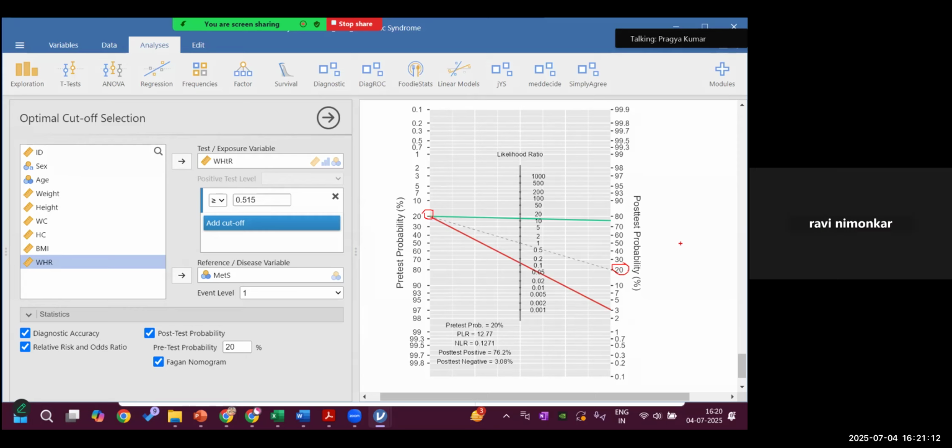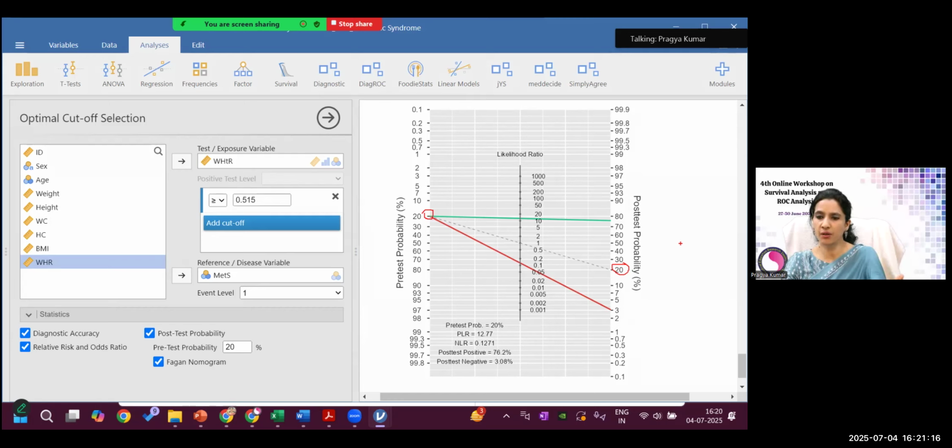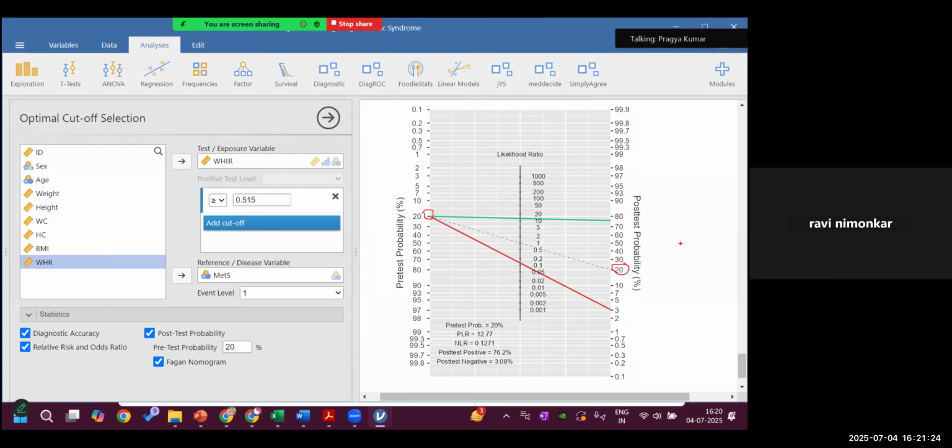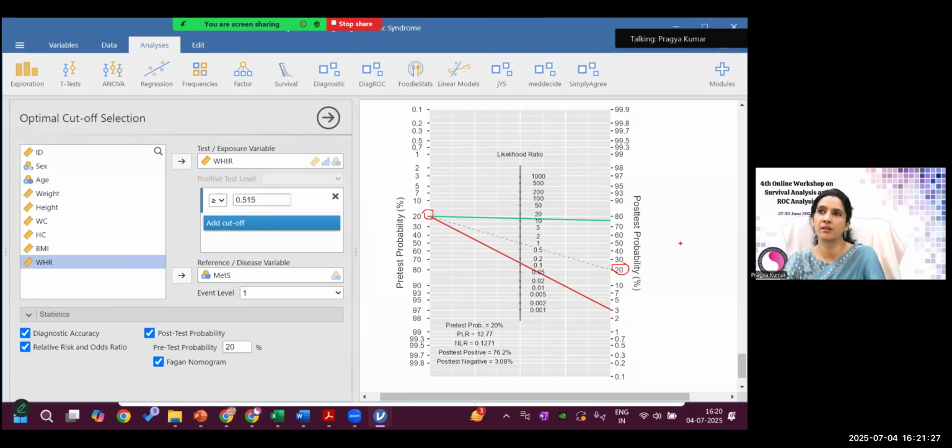Yes, ma'am. Okay. So do you want to practice this, or it's 4:20? If you want to practice this, we can go to the breakout room. Ma'am, we've already done it. Okay, you've done this relative risk and odds ratio interpretation? No, not this one.